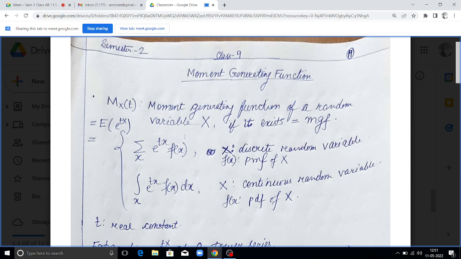I am not explaining it in detail because ma'am has already done PMF and PDF with you. So for a continuous random variable, it takes the form of the integration over the range of x of e to the power tx f(x) dx, where x is the continuous random variable and f(x) is called the PDF of x. What is f(x)? It is the probability density function of x.